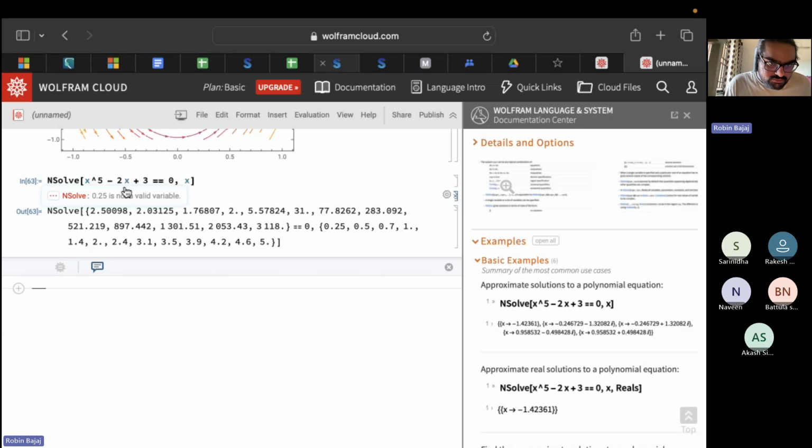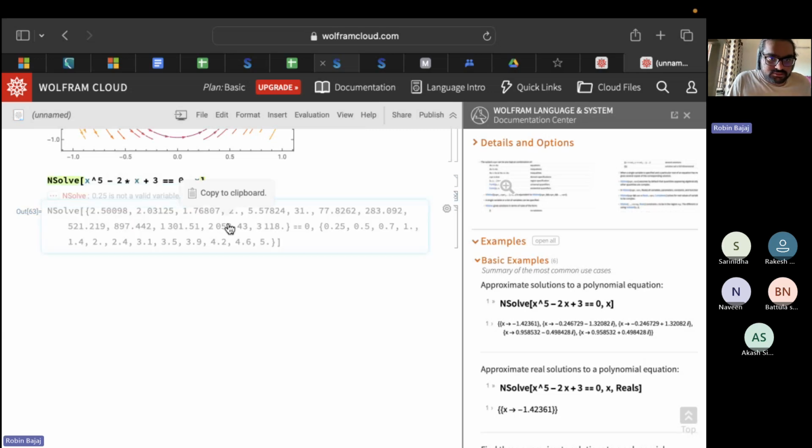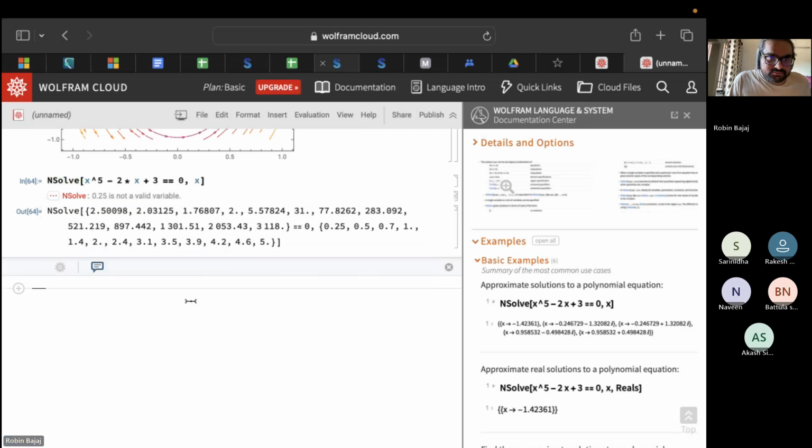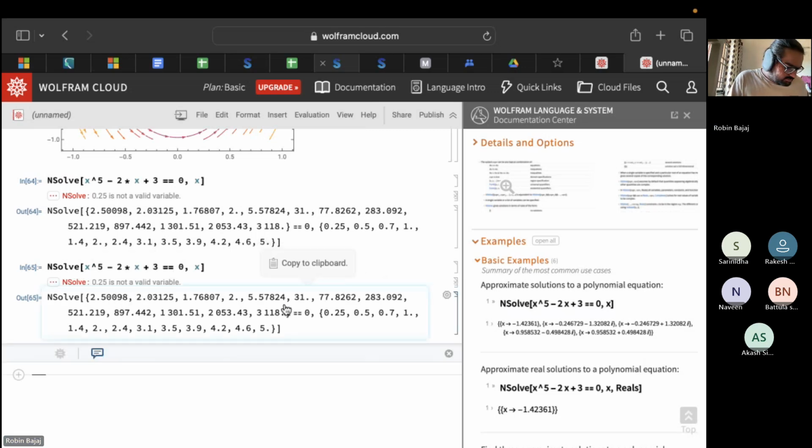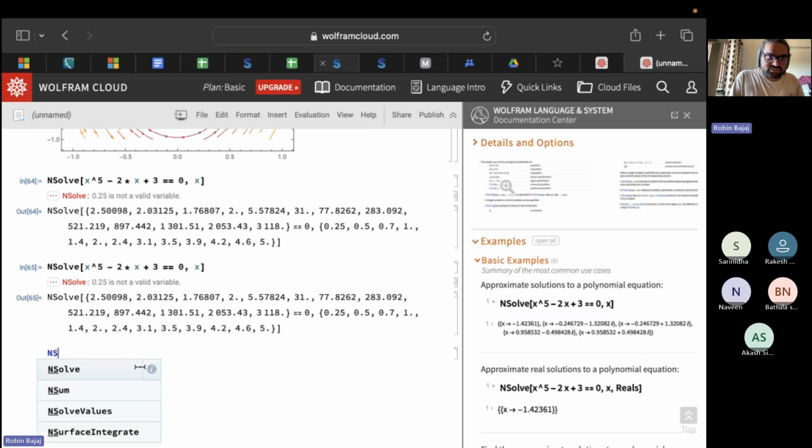0.25 is not a valid... Why so? Let's do this. What is the issue? I just copied it from here. That should run. Let me write it by myself. nsolve.